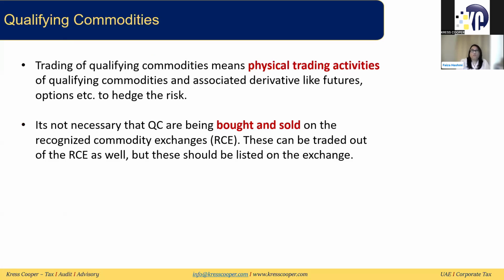Trading of qualifying commodities not only includes the physical trading activities of these qualifying commodities, but it also includes the associated derivatives of these qualifying commodities, like futures and options, to hedge the risk.